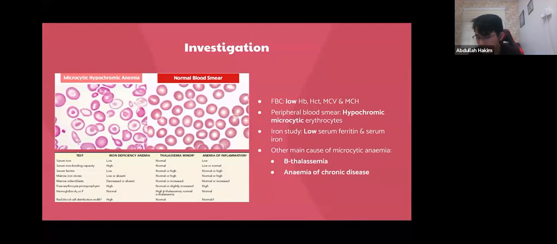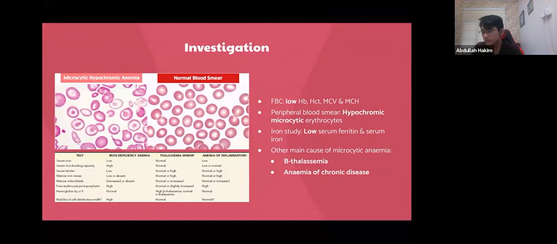Next is the serum iron binding capacity. In IDA, the serum iron binding capacity is high, while in thalassemia is normal, and for anemia of chronic disease, there will be low or normal serum iron binding capacity. Next, for serum ferritin, we can expect that the IDA will have low serum ferritin, while thalassemia and anemia of chronic disease will have normal or high serum ferritin.